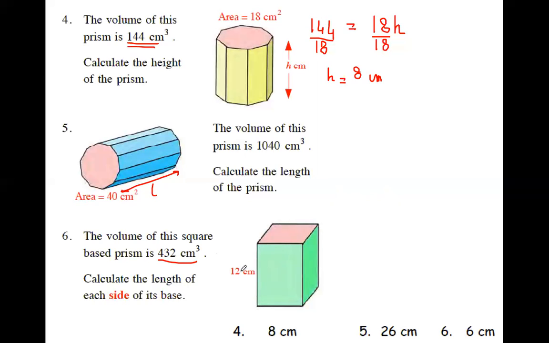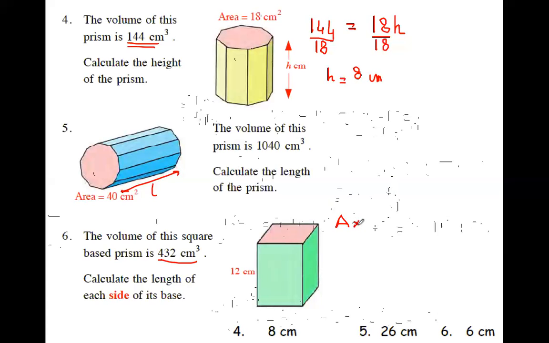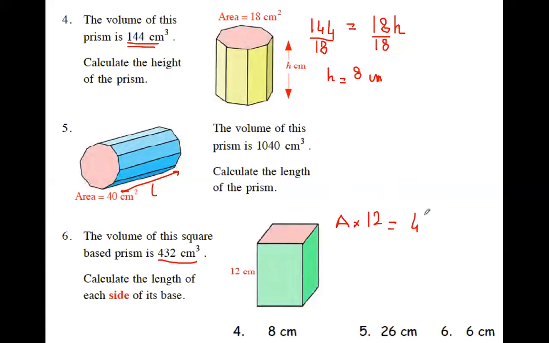So I need to find the area here first. So area times 12 equals 432. To get area, we divide by 12 each side.